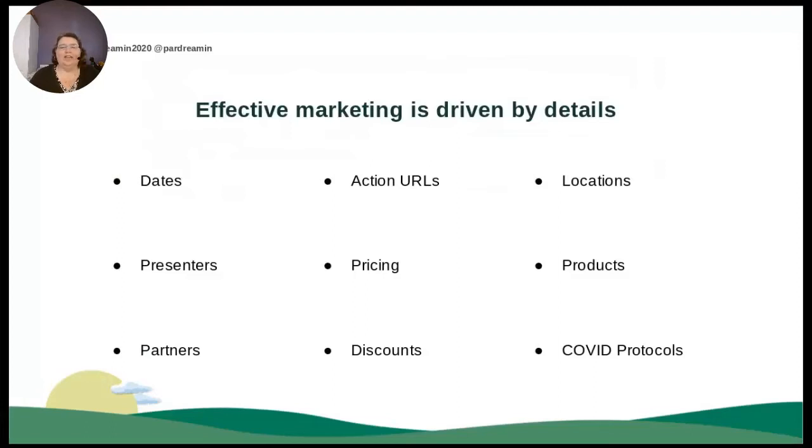Whatever details they're including in the campaign, they're going to have dates, action URLs like registration, click here for your offer, pricing, products, presenters, partners, discounts, locations, and I'll get back to COVID protocols, but all of these things become so important in trying to make your campaigns effective and intimate.